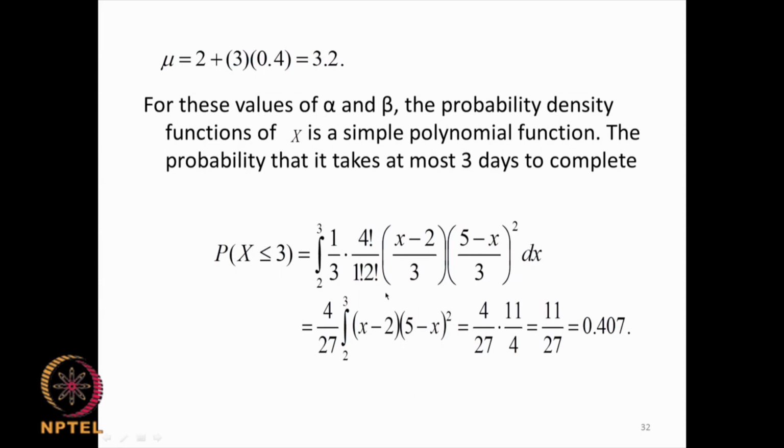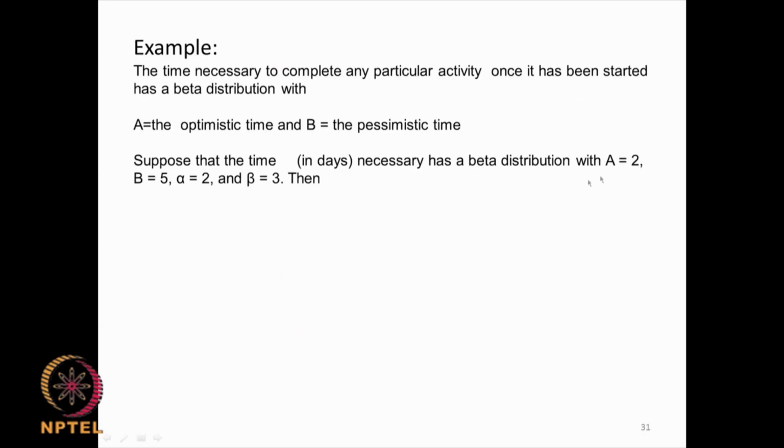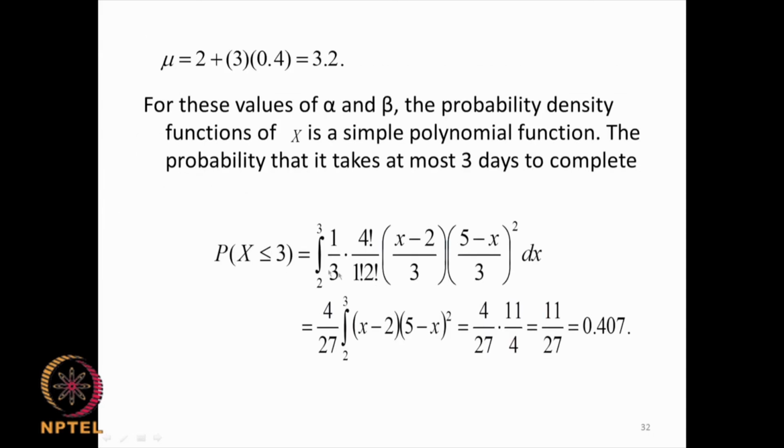So, we put alpha as 2, beta as 3, and then A as 2, B as 5. You substitute this into the equation and you integrate them, you end up with a probability of 0.407. So, the probability of completing the task in at most 3 days, that means maximum of 3 days, is given as a probability of 0.407. Okay.